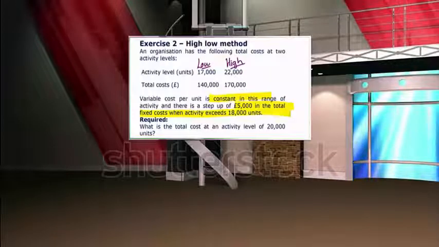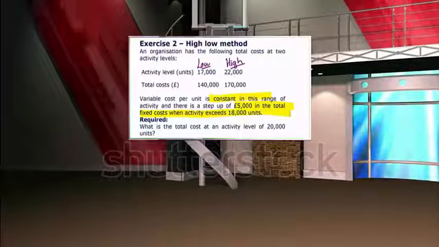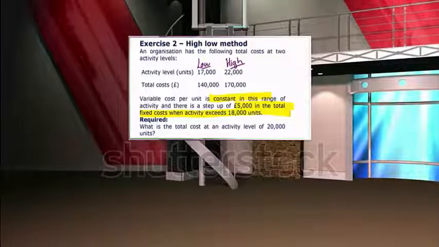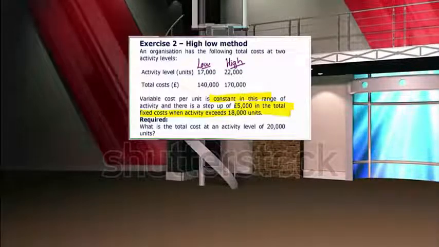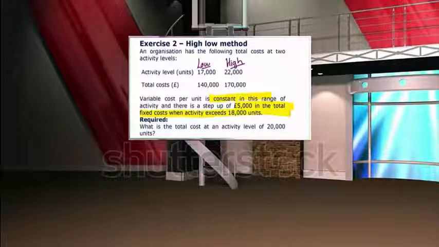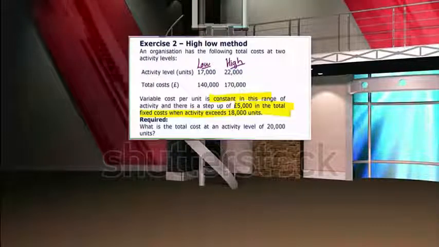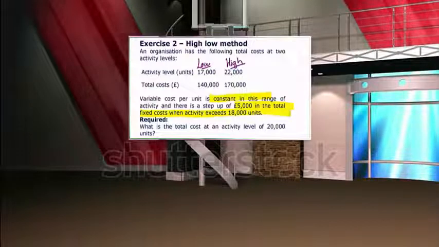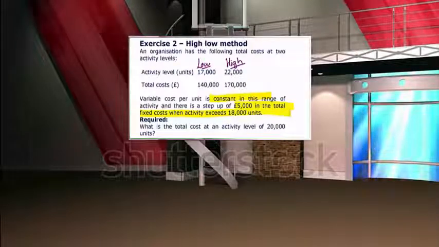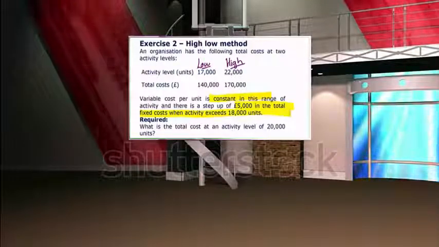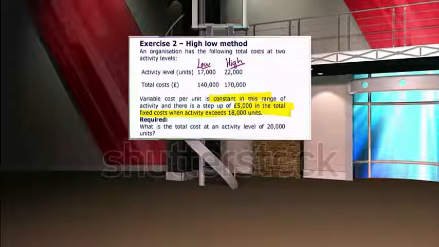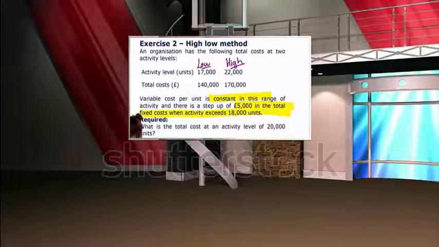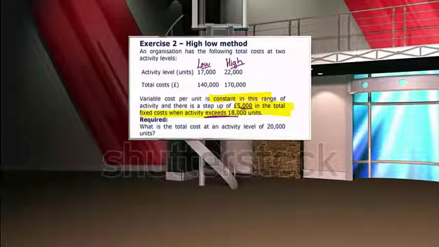Calculate the variable cost per unit, calculate the fixed costs, and use that to work out total cost for 20,000 units. However, before we can apply our 3 steps in the high-low method, first we need to deal with any complications that have been given to us in the question. Namely, we have to deal with this change in the fixed costs.